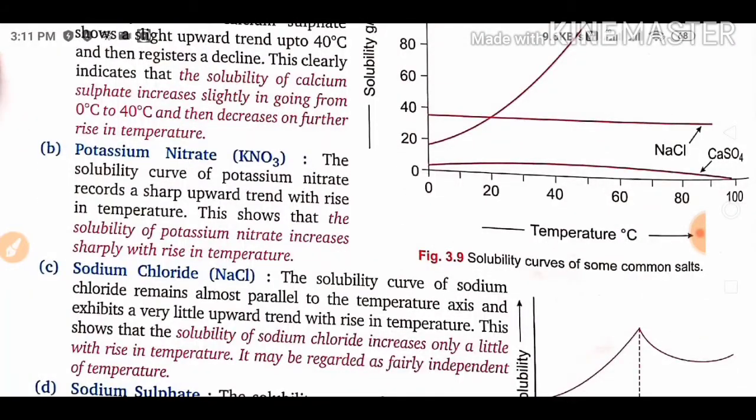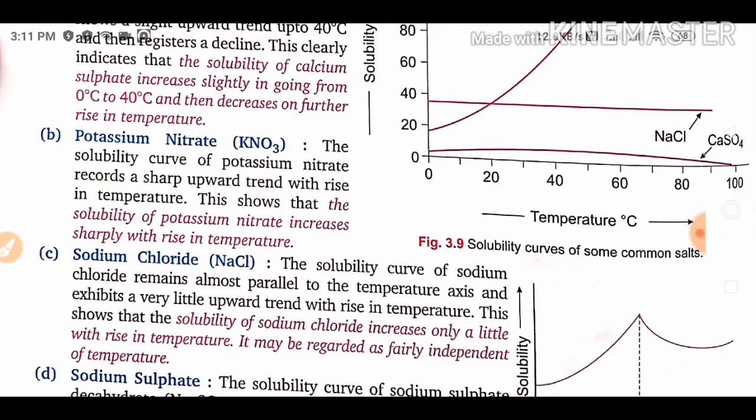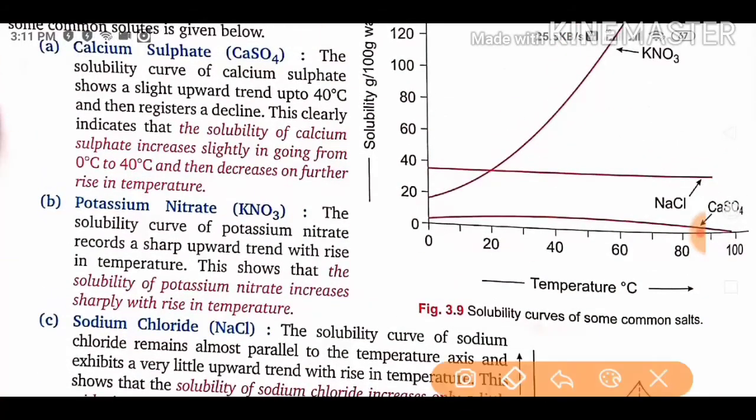In sodium chloride it's moderate: the solubility curve of sodium chloride is almost parallel. It means the solubility of sodium chloride increases only a little with rising temperature. It may be regarded as fairly independent of temperature. So you can say that for NaCl there is no effect of temperature.